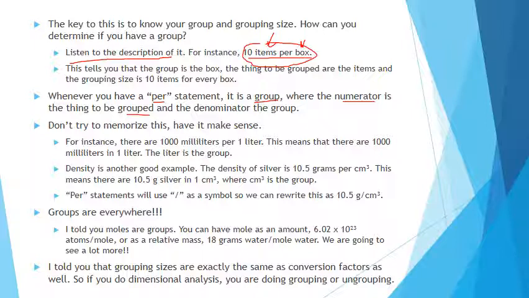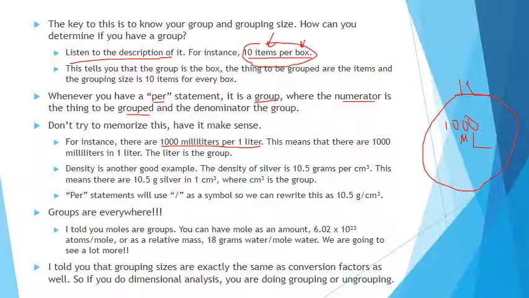You don't try to memorize this; it should make sense. For instance, 1,000 milliliters per liter means there are 1,000 milliliters in 1 liter. So here's a liter, and inside that are 1,000 little milliliters.